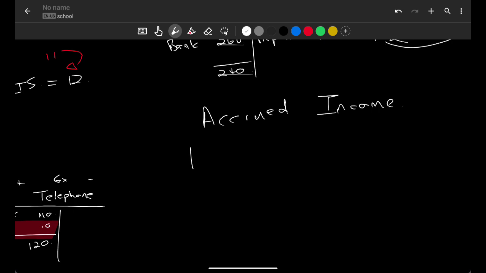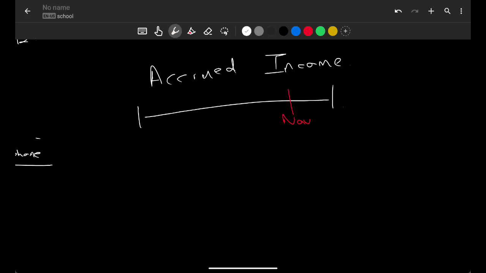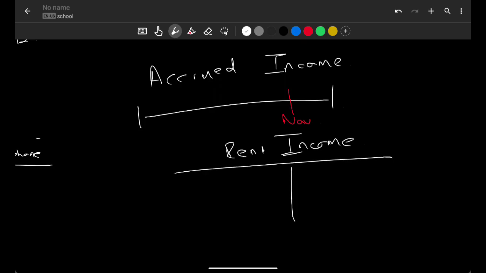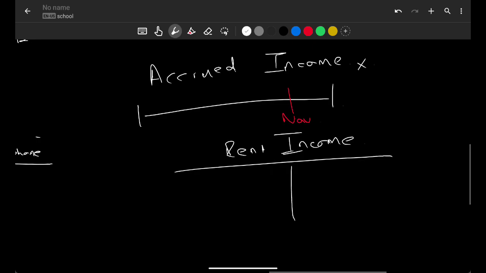So in this example, let's say rent once again, we only received up until November there. So what we're going to do is say rent income, there's the account, and then if they were supposed to pay 100 rand times 12 months, it was supposed to be 1,200, but we only received, wrong side.